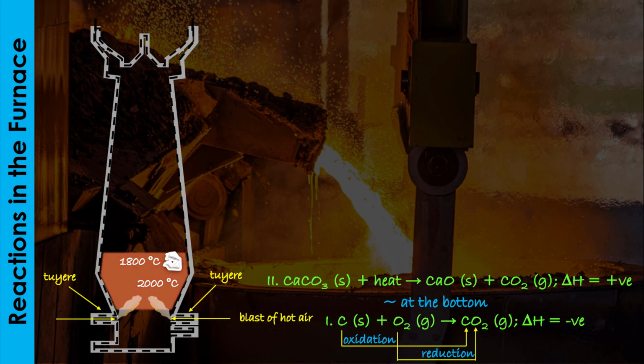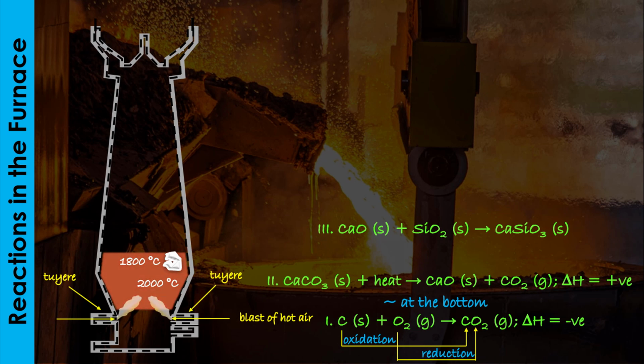This is a thermal decomposition and occurs at about 1800 degrees Celsius. The calcium oxide produced in the reaction combines with the silicon(IV) oxide impurity in a neutralization reaction to form calcium trioxosilicate(IV), which is removed as slag.